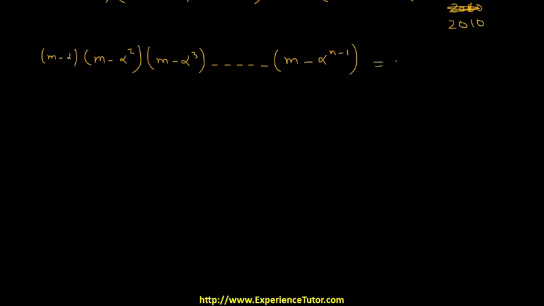We can write (m minus alpha)(m minus alpha square)(m minus alpha cube) up to (m minus alpha to the power n minus 1) is equal to (m to the power n minus 1) upon (m minus 1), where m is not equal to 1.